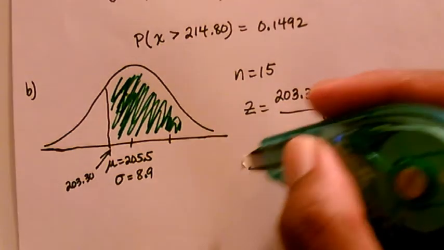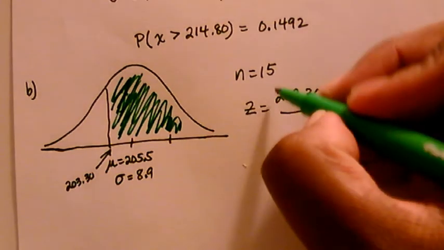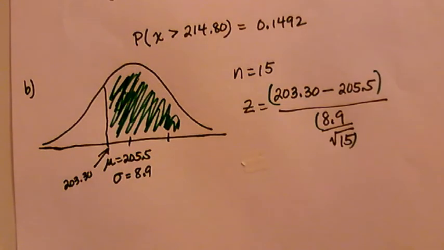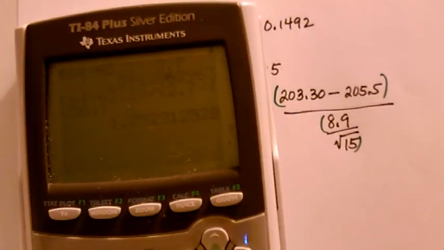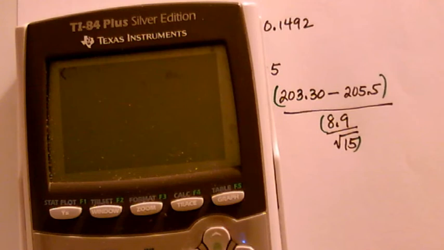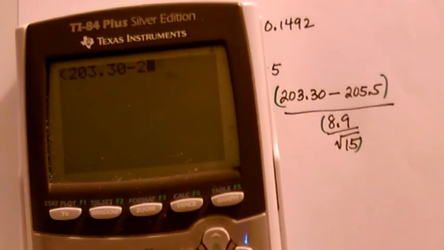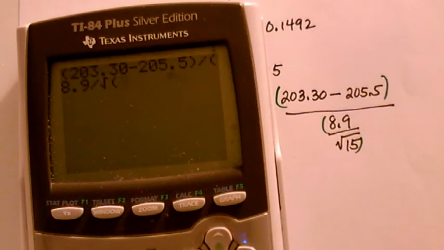So in this case here, to find out what your z is, using the calculator, we put this in parentheses and this in parentheses as well. And I'll go ahead and show you how that's done. Left parentheses, 203.30 minus 205.5, close parentheses, divided by, and then open parentheses, 8.9 divided by, and then second x squared, 15.